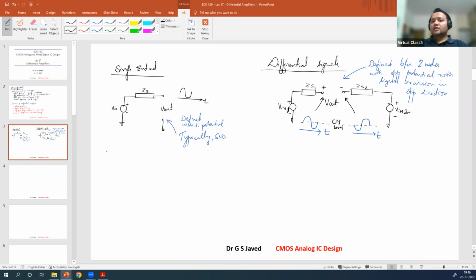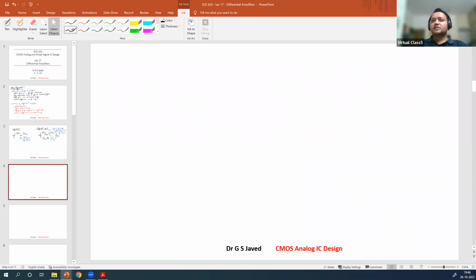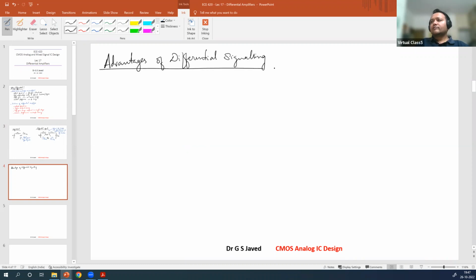Now that you have understood what this is, what are the benefits of these, the advantages of differential signaling? First, if your signal is carrying a single line, and there is noise on that line, that single line will also have influence from the other line.